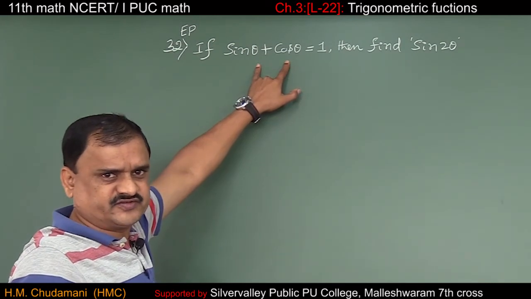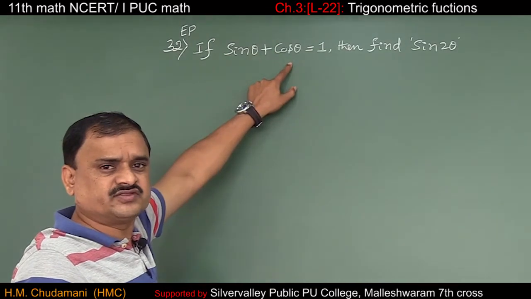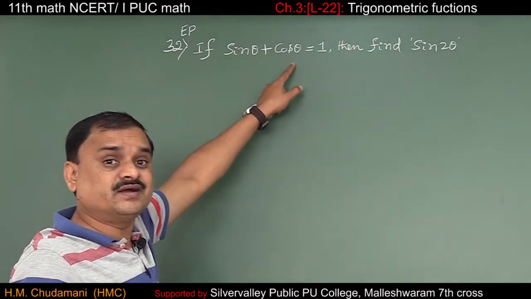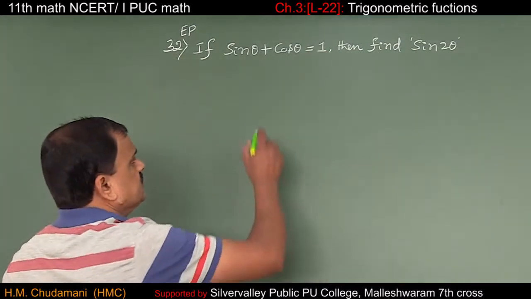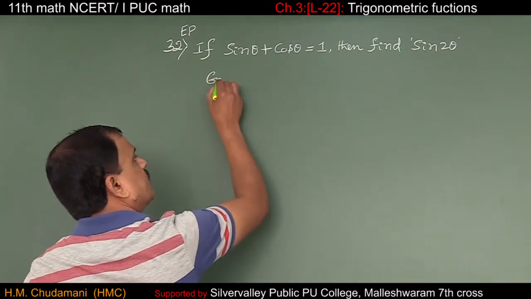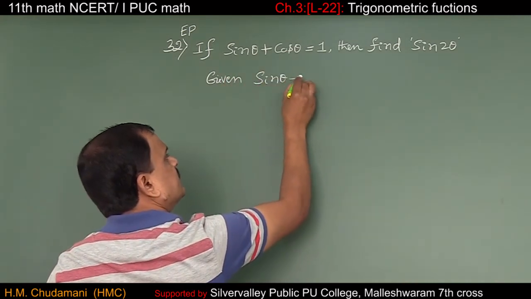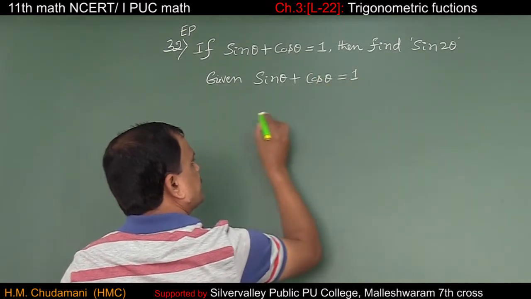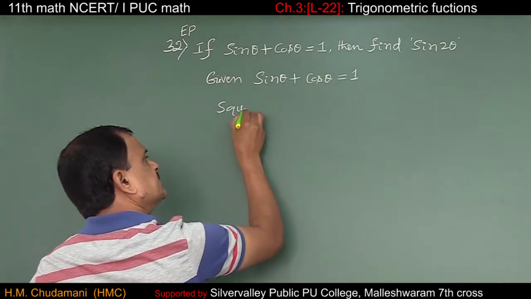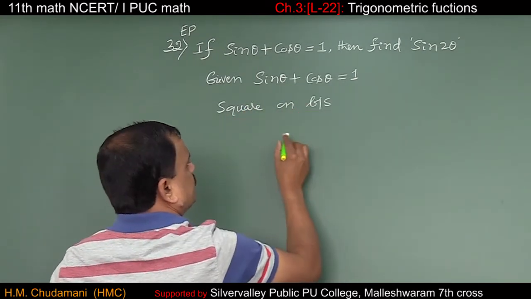If you square this on both sides, sin square theta plus cos square theta plus 2 sin theta into cos theta, that's why the given expression should be squared on both sides. Sin theta plus cos theta is equal to 1. Square on both sides.